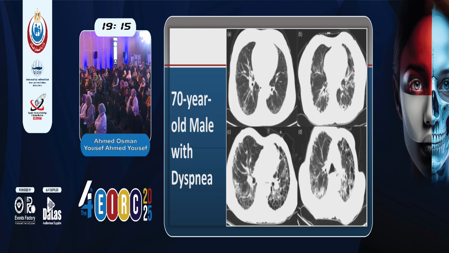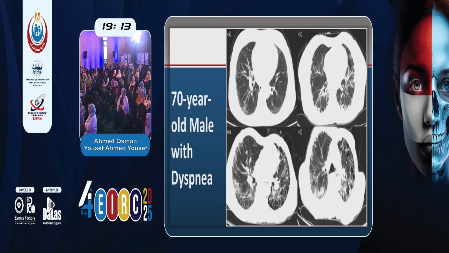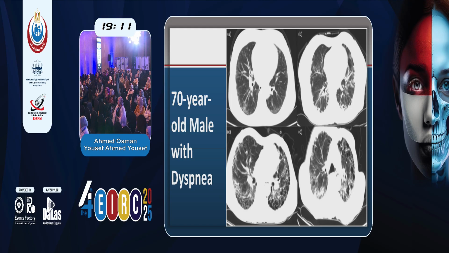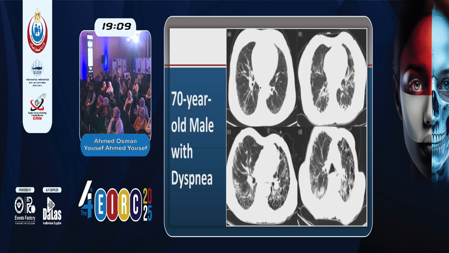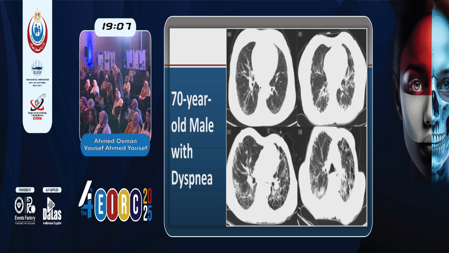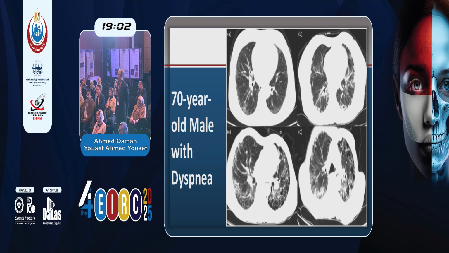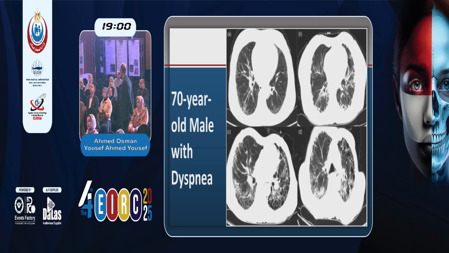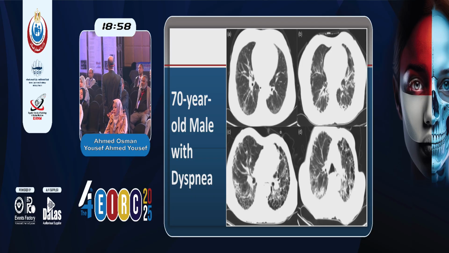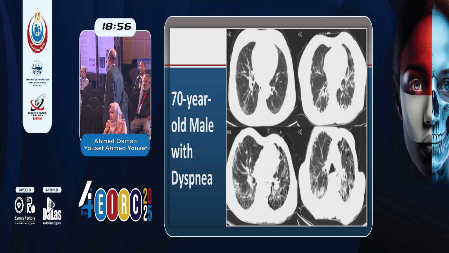Diagnosis: UIP. Yes. Again, as we see, we have basal subpleural honeycombing and reticulations. The predominant sign here is honeycombing. Yes, in basal and subpleural location.